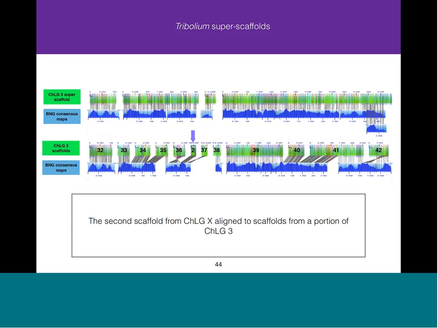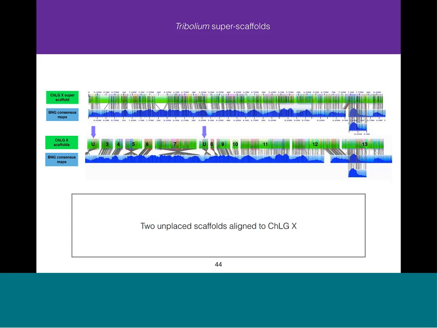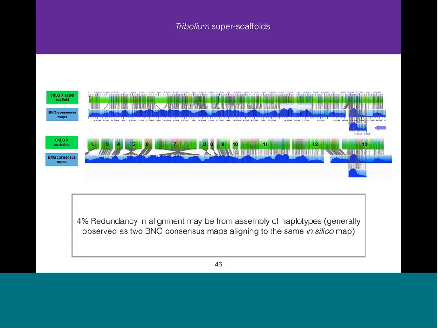And another thing that we did on chromosome linkage group X was to move in unplaced scaffolds, so we didn't know what chromosome linkage group these scaffolds belonged to, and now we've placed them with X. And another thing here, you can see another example of a potential haplotype that's been assembled by BNG.